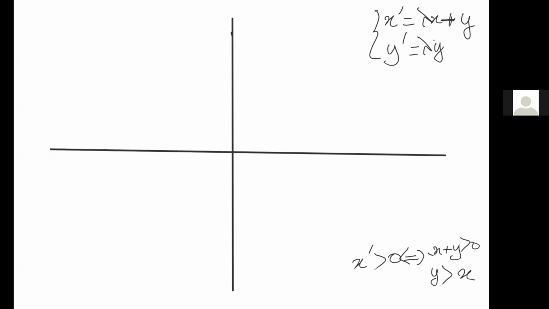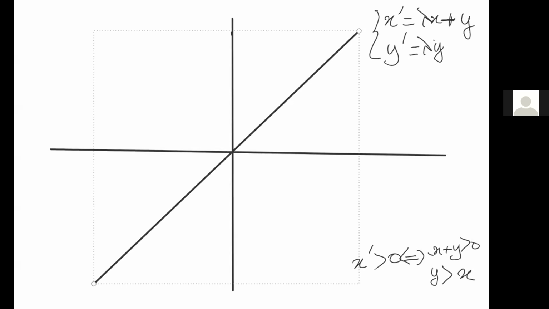So we have the first null line here. So this is a null line.